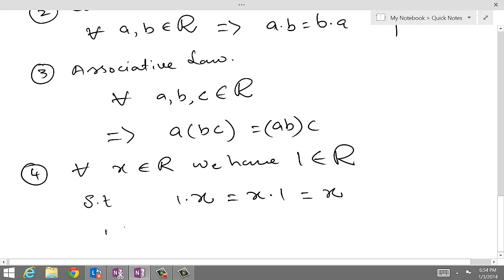Here 1 is called multiplicative identity.